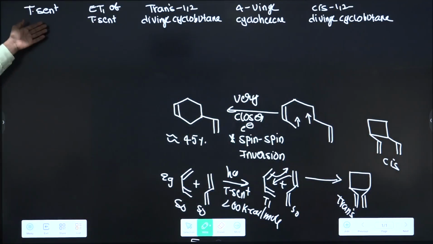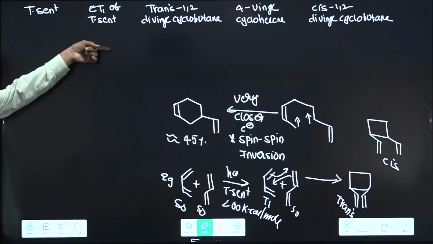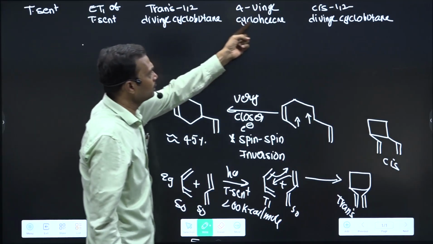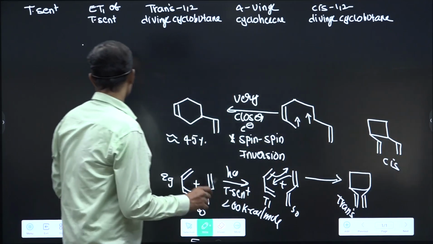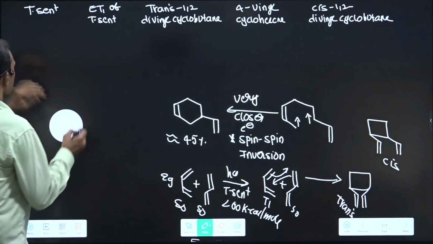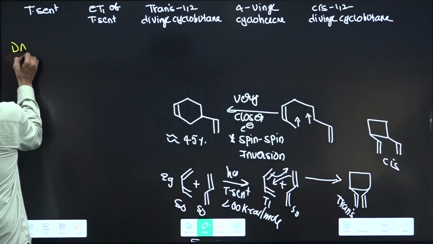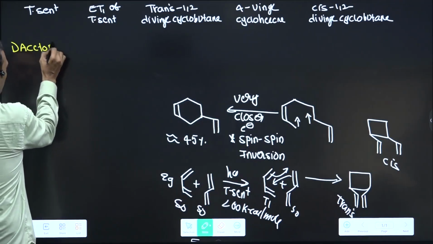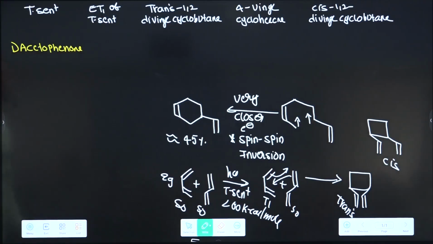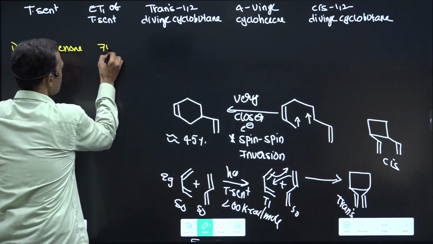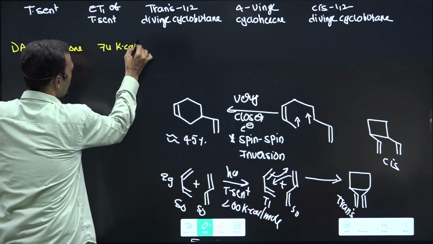I am taking some triplet sensitizers and writing the ET1 value, then I am writing the percentage of trans; always cis is minor, that you write down later. First I am writing acetophenone. The ET1 value is 74 kilocalorie per mole.